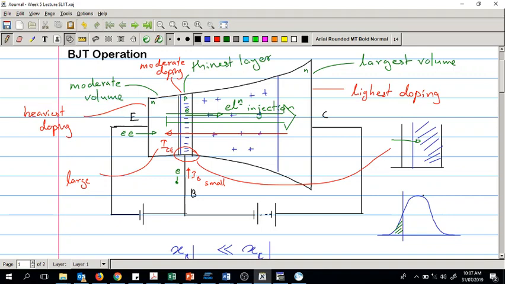Therefore, without being familiar with the construction and the operation, it is difficult to understand the characteristics, right? Because characteristics are linked with the construction and the operation, and therefore be familiar with what we have discussed today before you come to the lecture next week, right?